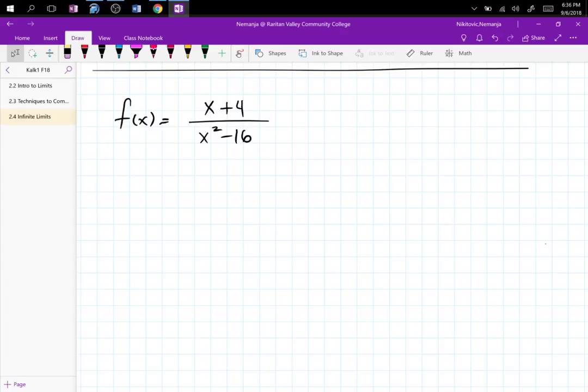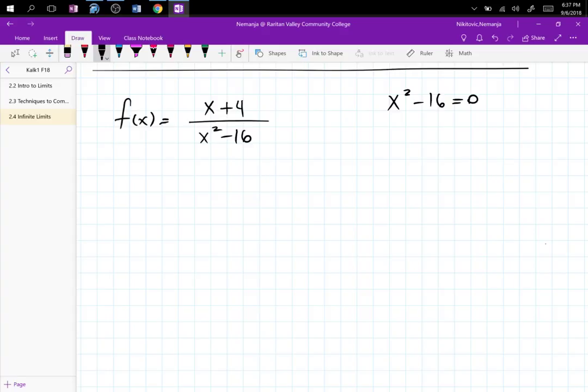So in pre-calculus, you used to set the denominator equal to 0, and whatever numbers you get there, it's a vertical asymptote. Well, we have to retire that statement now, because in this case it doesn't work.